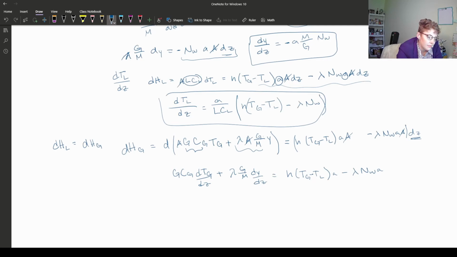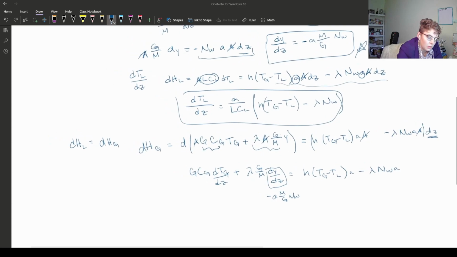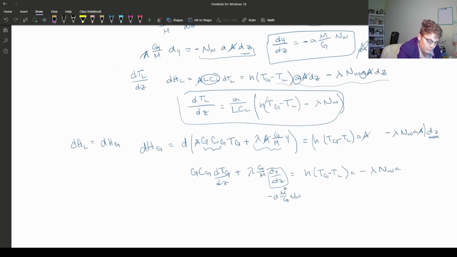And when we look at this differential equation, we can recognize that we already solved for that up here. So we can go ahead and replace that. And then notice that these cancel out, leaving us with this term being the negative heat of vaporization times the specific area times the molar flux of the water.